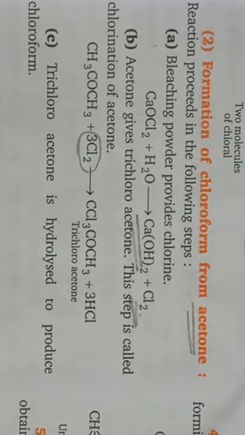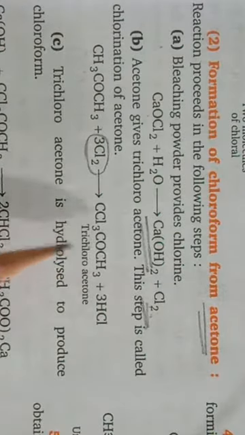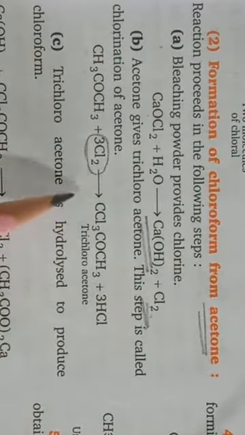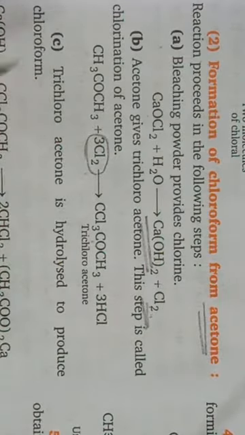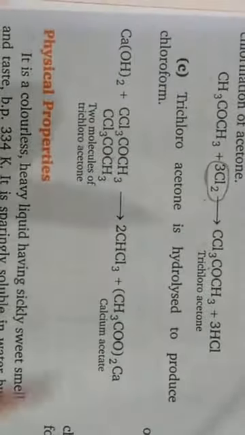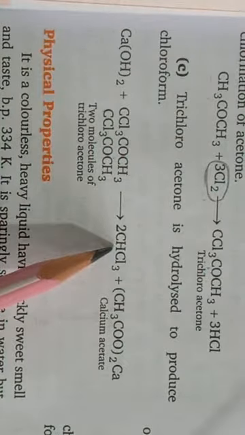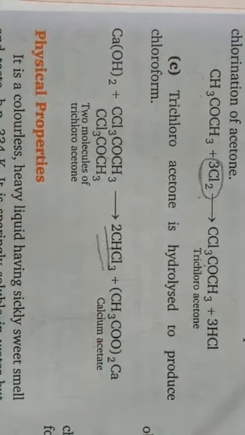Chlorine with acetone forms trichloroacetone. Then in step C, this trichloroacetone reacts with calcium hydroxide, and chloroform and calcium acetate are formed here.